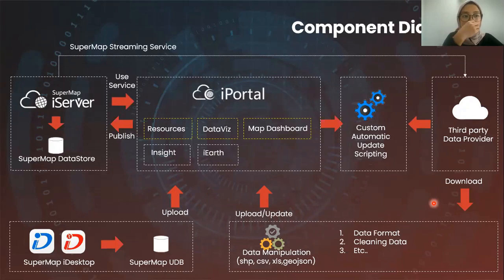And then after we publish the raw data using SuperMap iServer, we can do further visualization and also data management, create graph charts, or serve them using SuperMap iEarth for 3D data, and eventually make a map dashboard for monitoring, for publishing and other things.